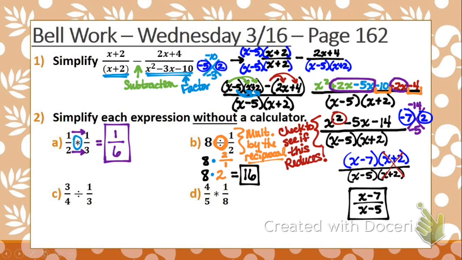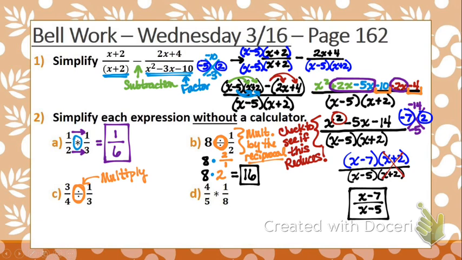Let's practice that again. Part C, I've got 2 fractions here. I've got a 3/4 and a 1/3, and I've got what in between them? Division. So we are going to change to multiplication. What are we going to be multiplying by? What's going to flip? Do they both flip?